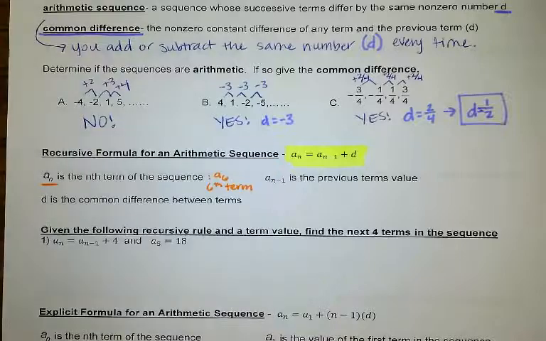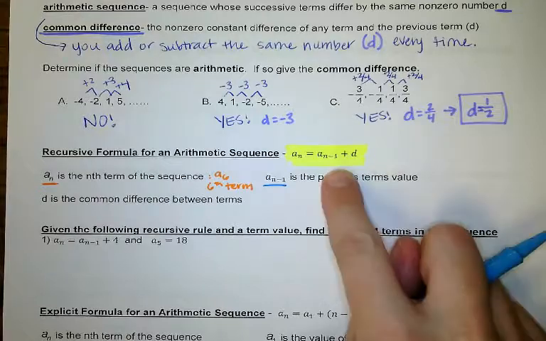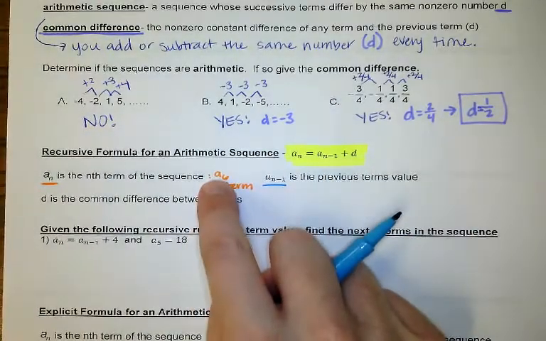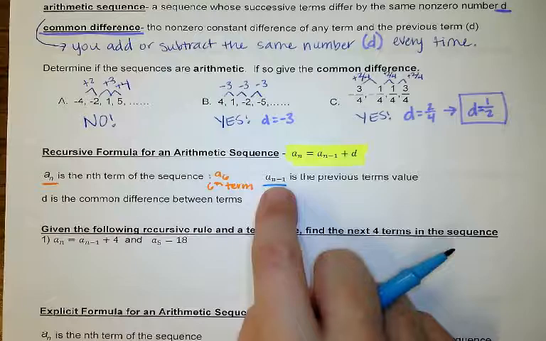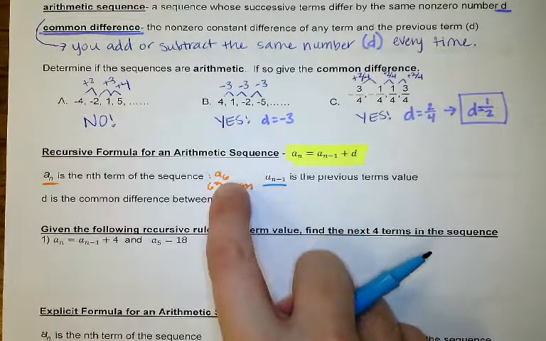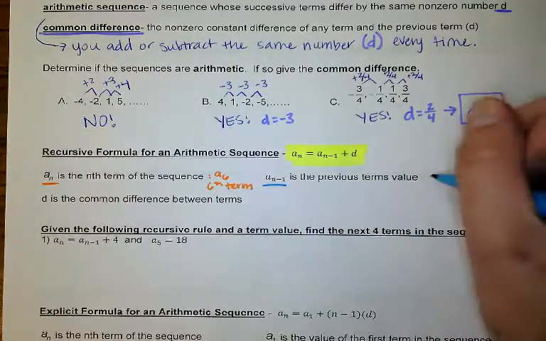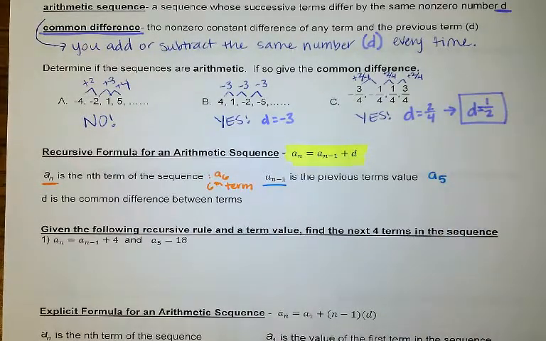Okay? A sub n minus 1 is the term right in front of it. So if my example was a sub 6 for a sub n, what would be a sub n minus 1? Well, guys, what's 6 minus 1? 5. So this would be a sub 5, because it's just the term right in front.